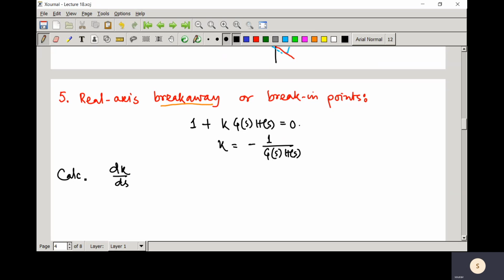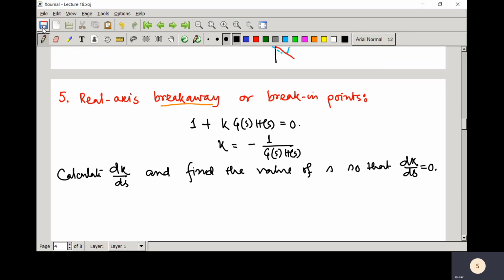So calculate dk by ds and find the value of s so that dk by ds equal to 0. That value is the breakaway point or break-in point.